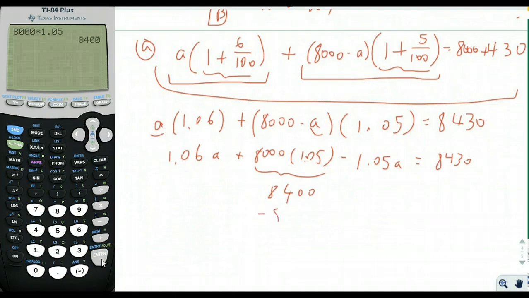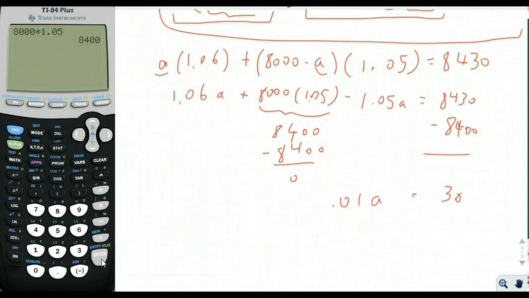Okay, and so we subtract 8,400 from both sides, and that'll give us 30 on the right side. This will be 0. And 1.06A minus 1.05A is just 0.01A. So now we have 0.01A equals 30.